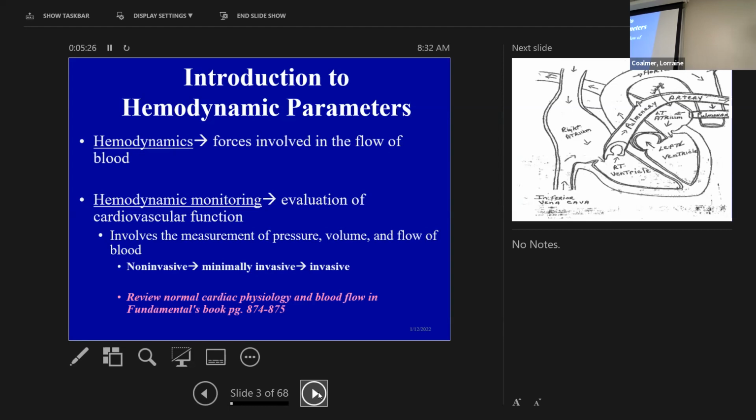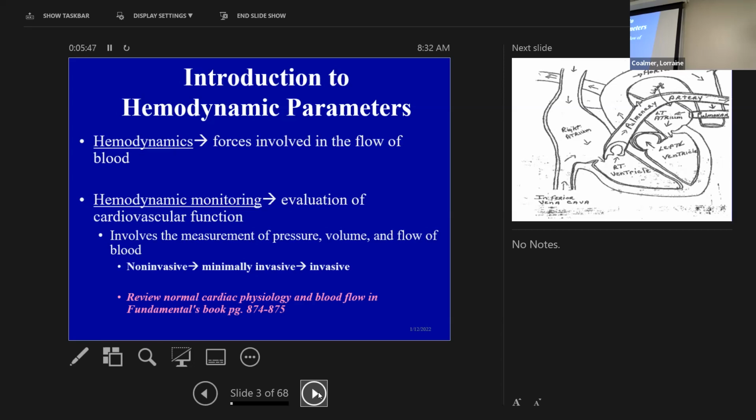Something called an iCON, you might see. Okay. And then we're going to go to the really invasive, which is the Swan-Ganz catheter, or pulmonary artery catheter. Swan and Ganz are the two physicians who made up the catheter, but it's a catheter that's directly in the heart. So we'll talk about that.